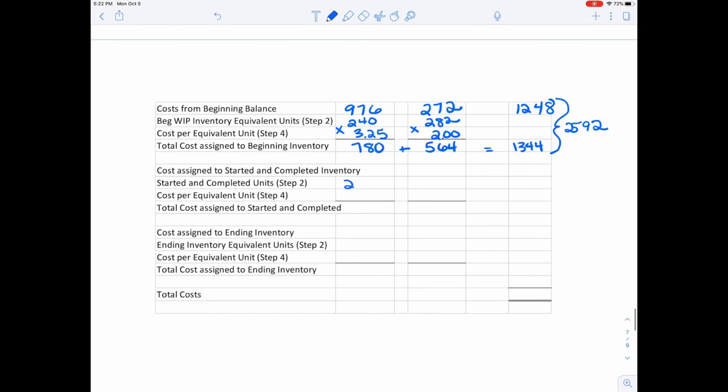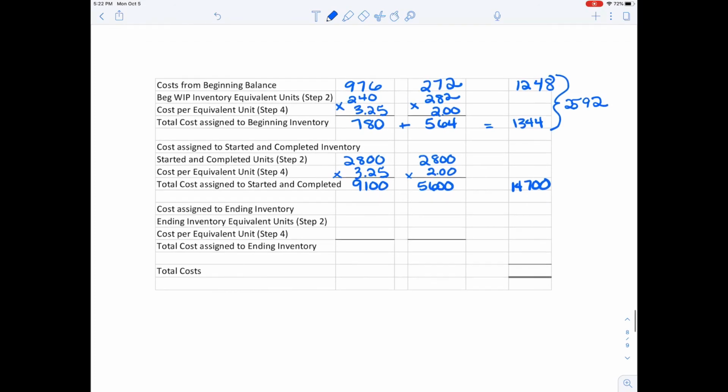Now moving to that started and completed portion. Remember, those are whole units. We're just going to bring down those numbers again for the cost per equivalent unit and multiply. And find that total.